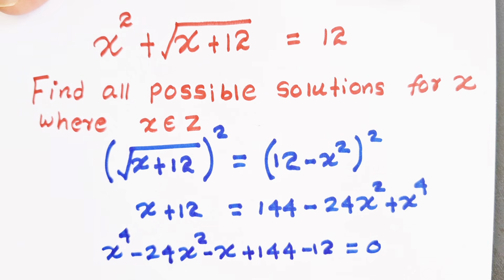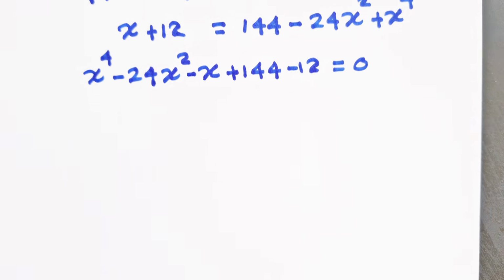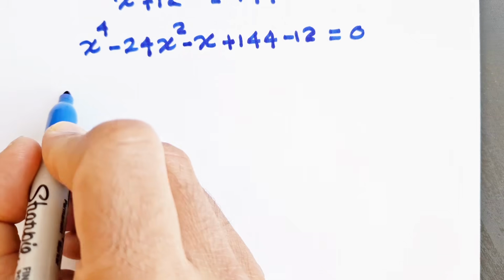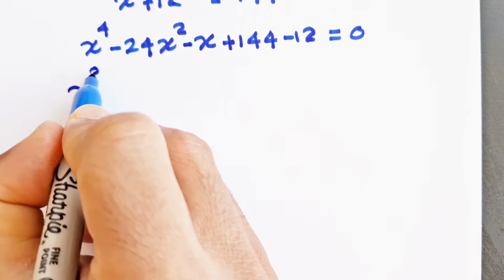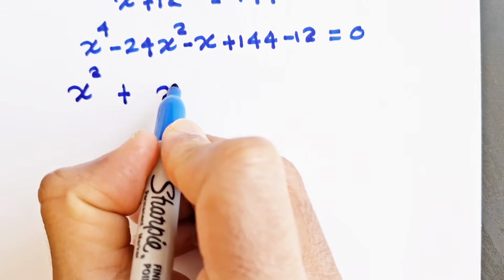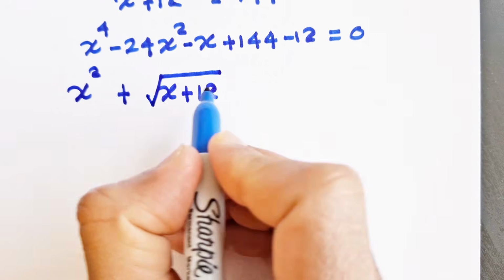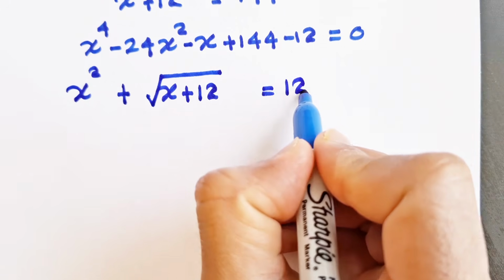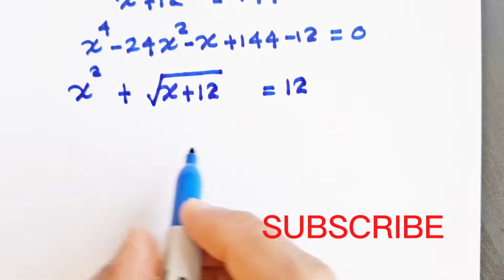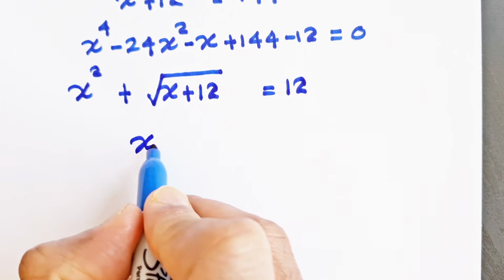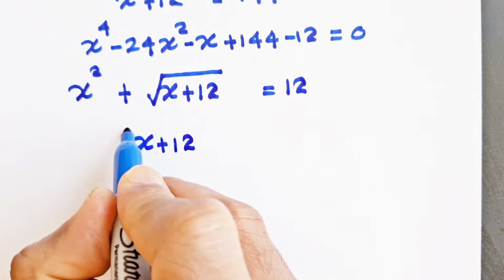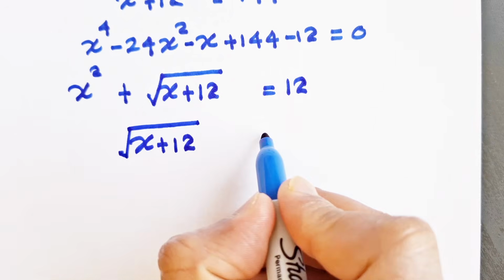Instead of having a polynomial equation, I am going to use a different trick to solve this equation. I am going to use a substitution to make it simple to solve. This is our initial problem. Now I am going to take the square root of x plus 12 equal to y.